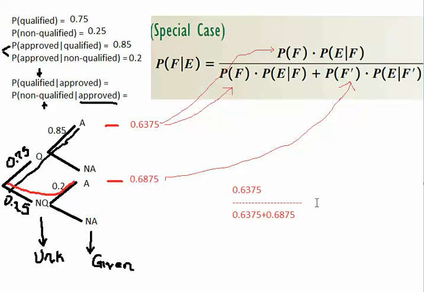The result for that is equal to 0.927. What you just found right here is the probability for a person to be qualified given that it is approved.